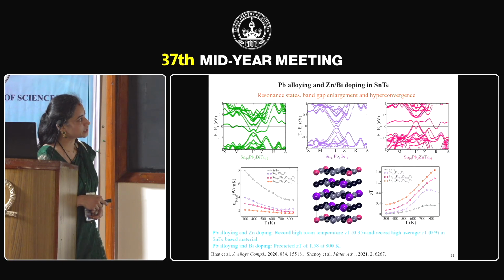So when we dope zinc into it, we see that the band gap increases, there is introduction of a resonance level, and in addition to this there is the phenomenon of hyperconvergence, that is the heavy hole valence band increases in energy compared to that of the light hole valence band, and this increases the Seebeck at room temperature, leading to a ZT of 0.35 and a peak ZT of 1.66, and this material exhibited an average ZT between 300 and 840 Kelvin of 0.9, which is actually a record high value. And when instead of zinc we doped bismuth, we predicted a ZT of 1.58 at 800 Kelvin.